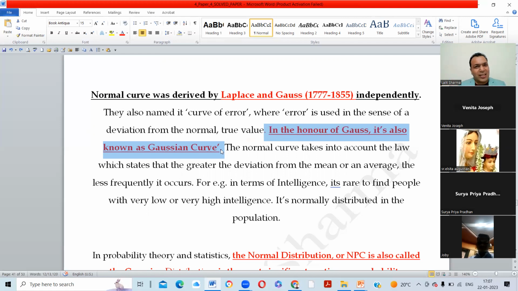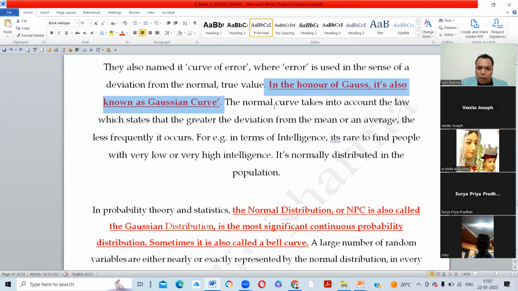If a question comes about the uses and applications of the Gaussian curve, don't get confused. It is talking about the normal probability curve, right guys? But mostly in the last many years, it has come as NPC, so I'm just telling you the other names of the curve. It is also called the normal curve, the Gaussian curve.